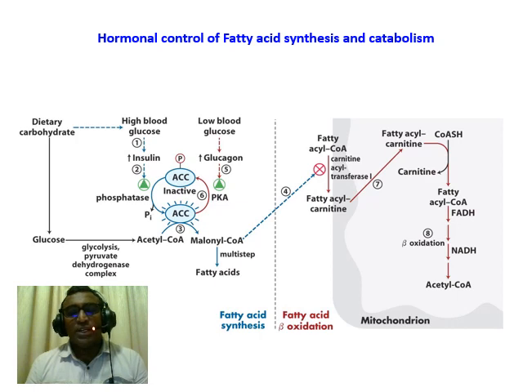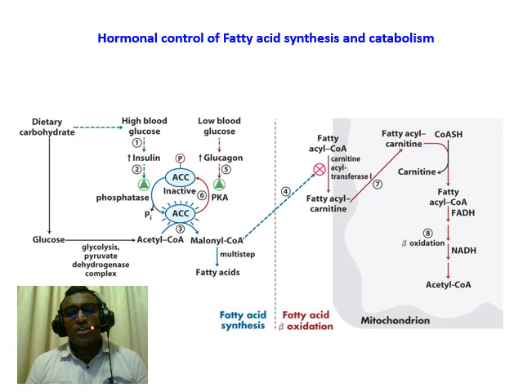Once the phosphatase is activated, it will remove the phosphate from this important enzyme for fatty acid synthesis, that is acetyl-CoA carboxylase. Once the phosphate is removed from ACC, it will become active. When this enzyme is active, it will convert all the acetyl coenzyme A to malonyl CoA.